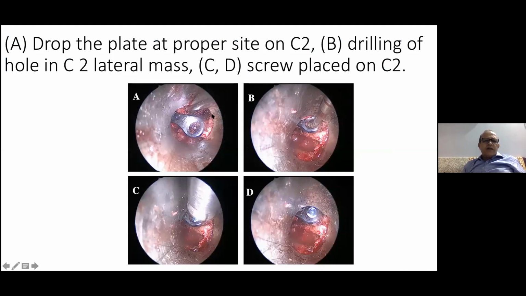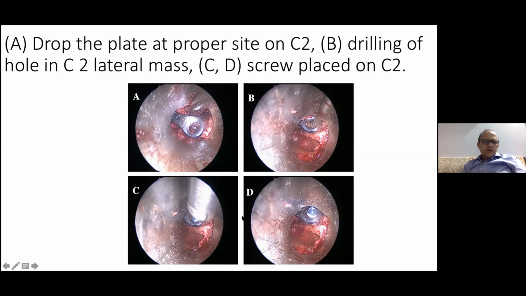So drop the plate obliquely through the tube, because these plates are wider than the working channel of Destandau or even EasyGo. First, in Destandau you have to take out the inner tube and then drop the plate, and then make the hole and tie the screw.